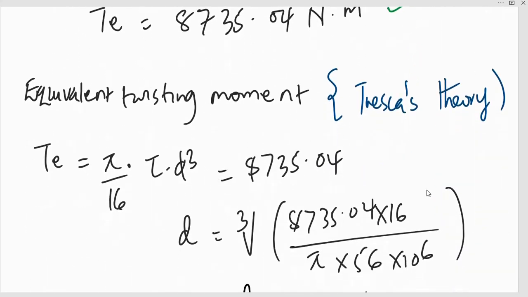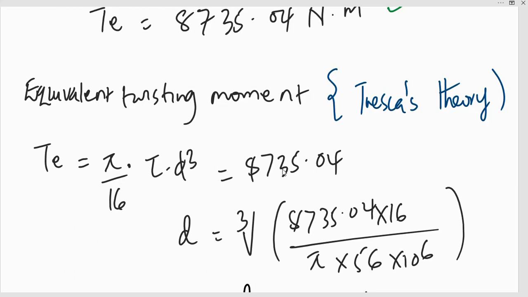According to Tresca's theory, the equivalent twisting moment is also equal to pi over 16 times tau, the allowable or working shear stress, times D cubed, where D is the diameter.